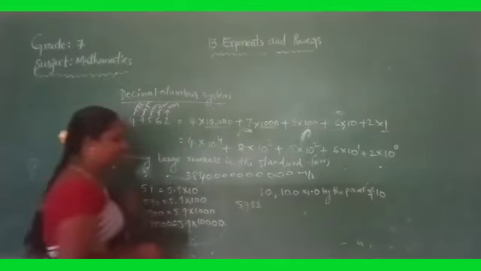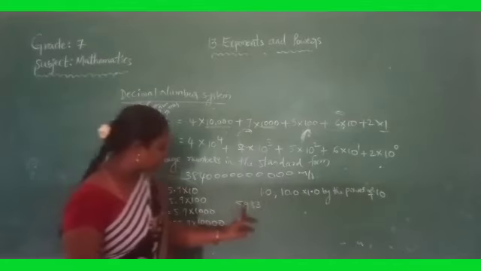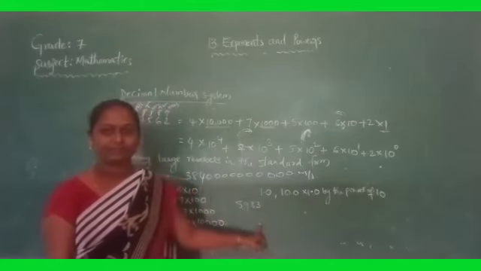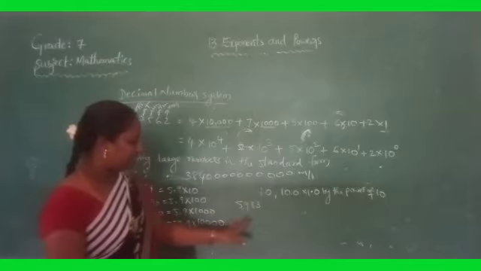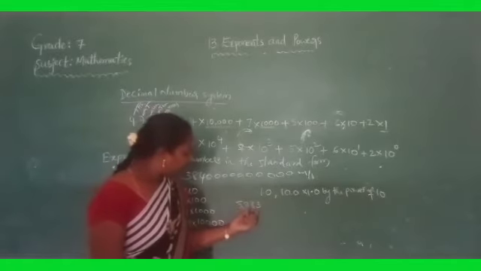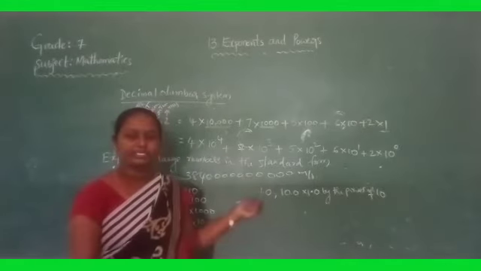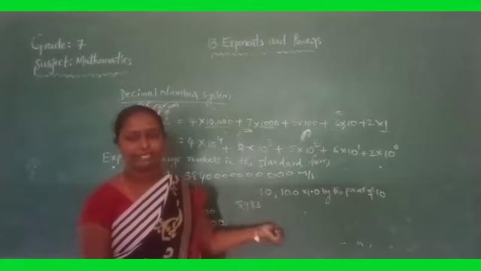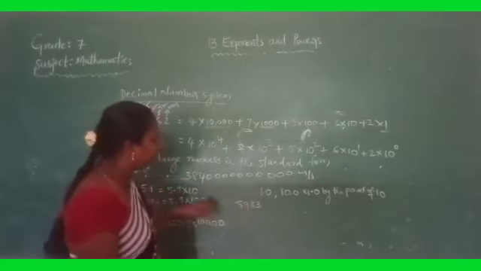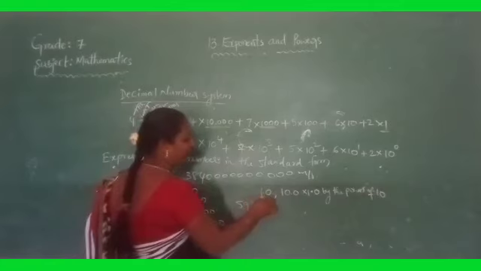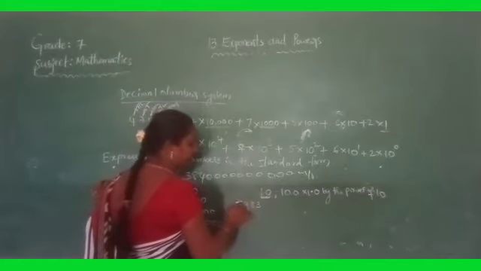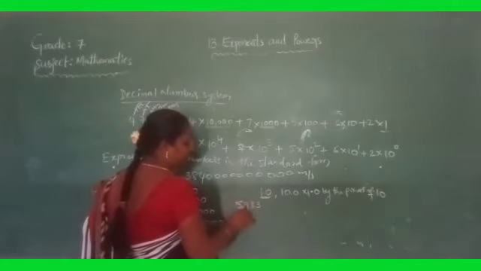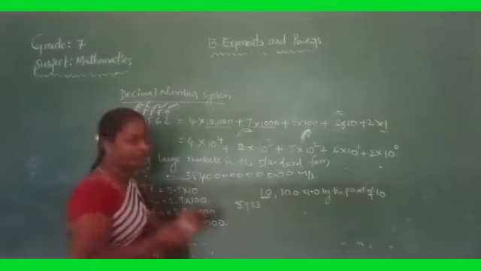Now see, 5983. Is it a number? Yes. Is this number in the standard form? No. Compulsorily the number has a decimal point and is multiplied by a power of 10. So how can we write it? Compulsory, it is between 1.0 and 10, that means one digit on the left side of the point.